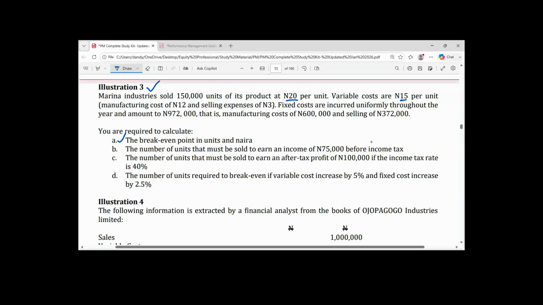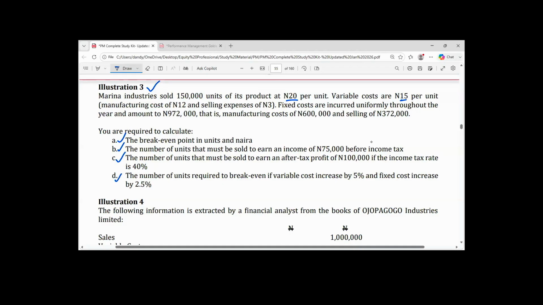C, the number of units that must be sold to earn an after-tax profit of 100,000 if the income tax rate is 40%. D, the number of units required to break even if variable costs increase by 5% and fixed cost increase by 22.5%.